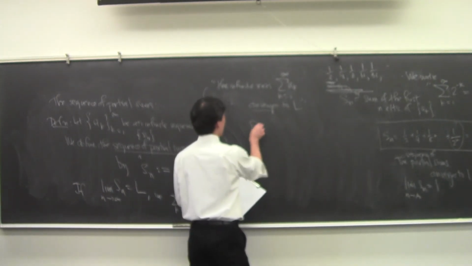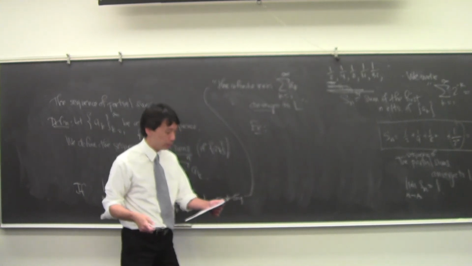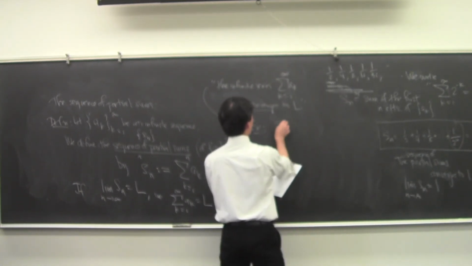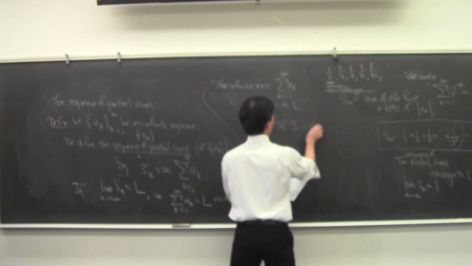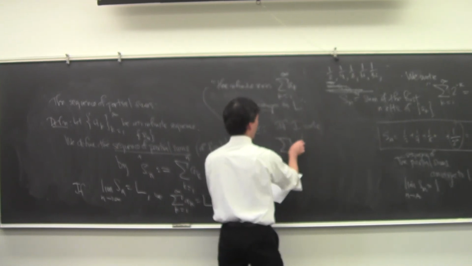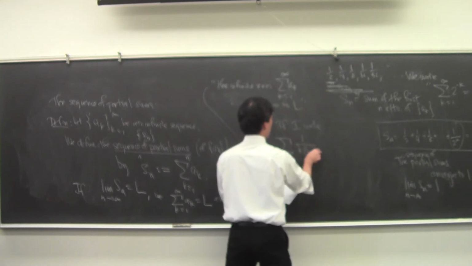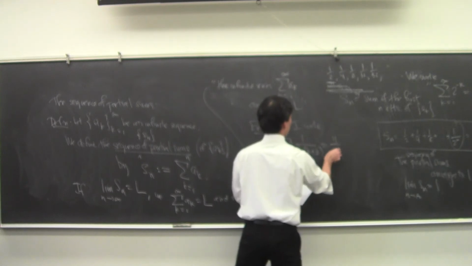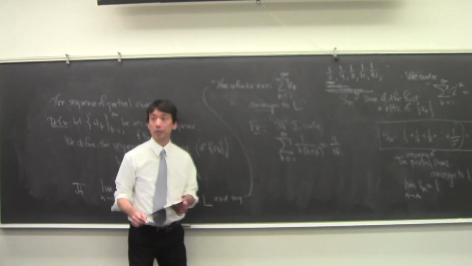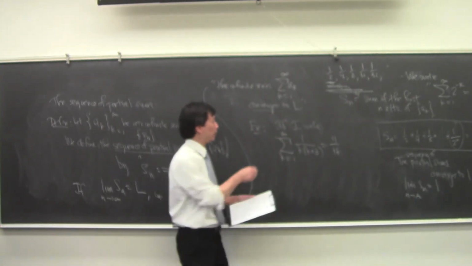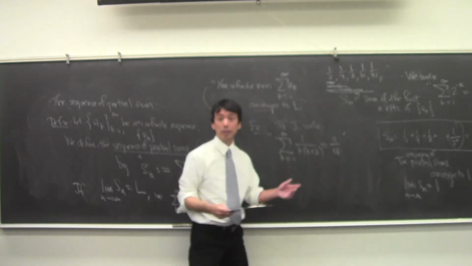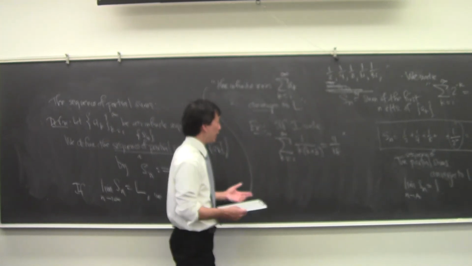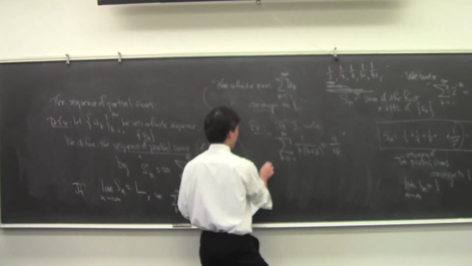So let me give you an example of just how we use this language. If I write the summation of 1 over k plus 3, k equals 1 to infinity equals 11/18, this is a shorthand. What it's shorthand for is what we really mean.